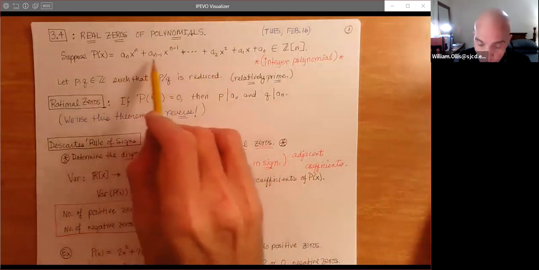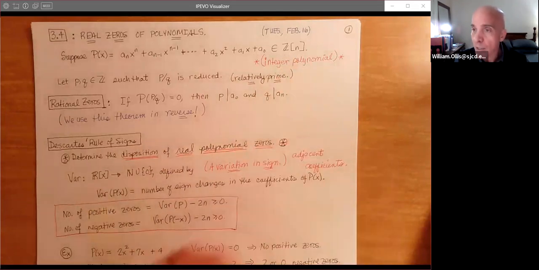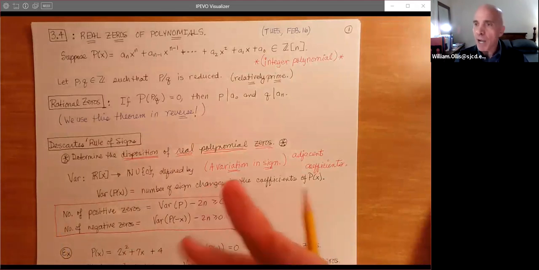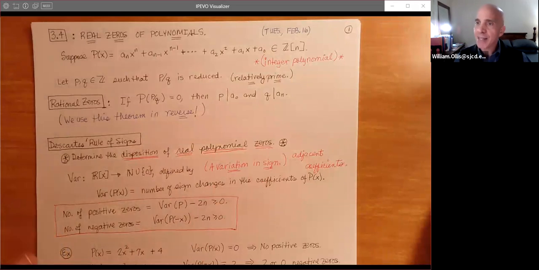At the very beginning I've assumed that we have an integer polynomial. Real polynomials include everything: the integer polynomials, the rational polynomials, and of course, polynomials where you might have a coefficient of the square root of 2. So that is a big umbrella. However, the real polynomials don't include polynomials that have imaginary coefficients. That's where we make the umbrella a little bigger and talk about the complex polynomials.